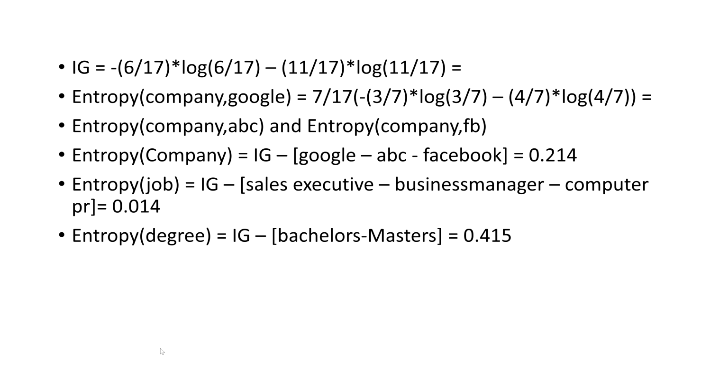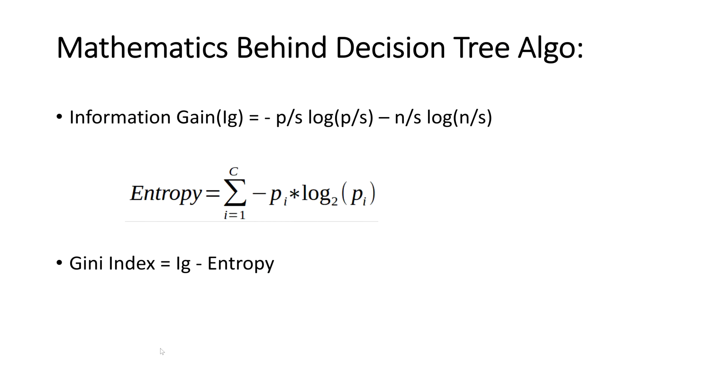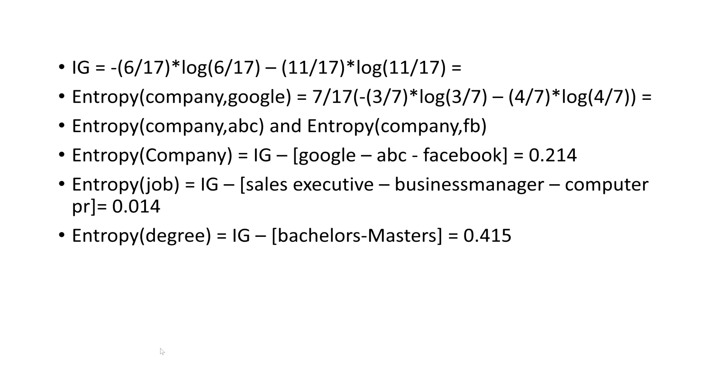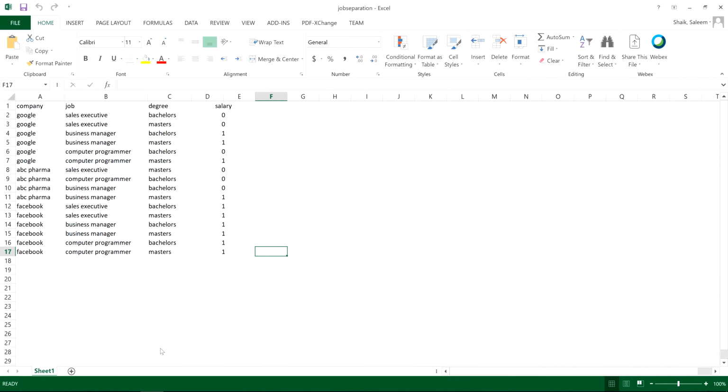Now as I told, we are going to use three formulas: information gain, entropy, and Gini index. So first of all, we need to calculate information gain. As I told, information gain gives the entire information regarding the data set. Now, how to calculate information gain? First we need to find the column which gives the output or the outcome to the problem.